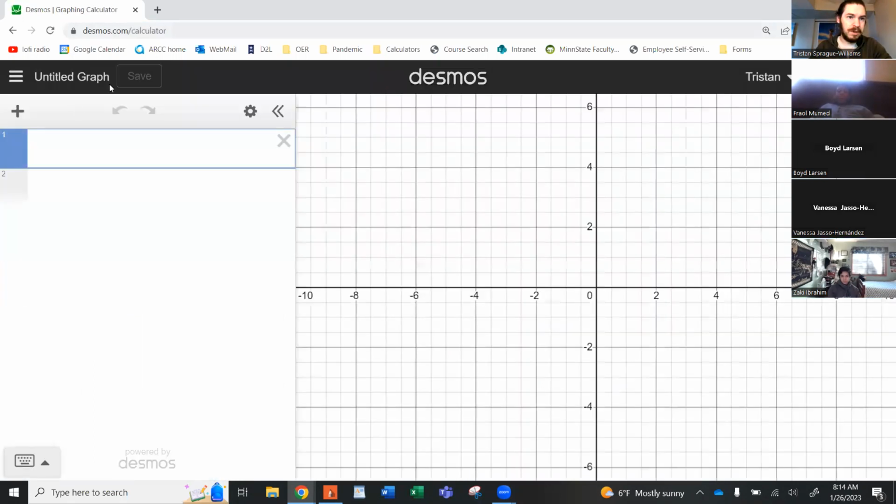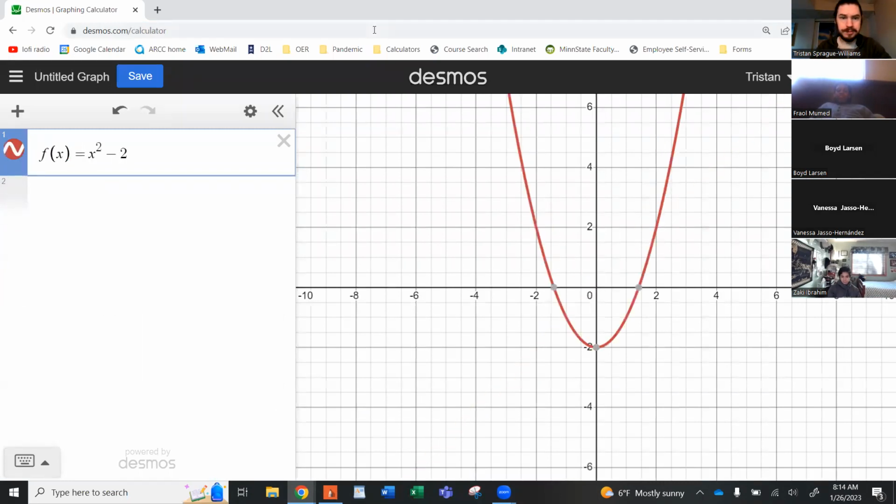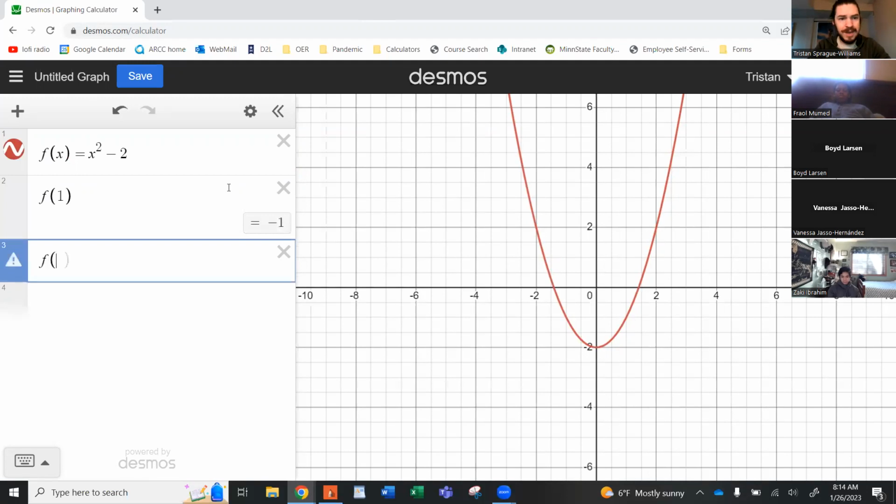Let's take, for example, the function f of x equals x squared minus 2. If I evaluate f of 1, I get negative 1. If I evaluate f of 2, I get positive 2.